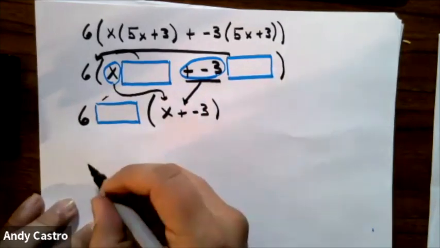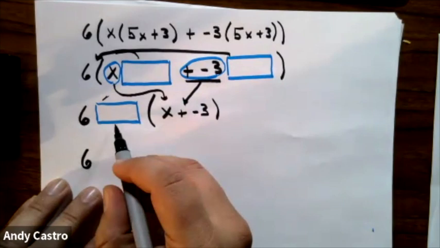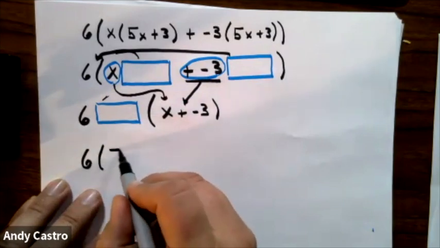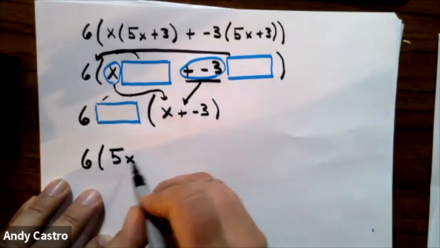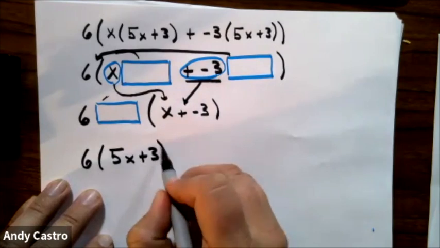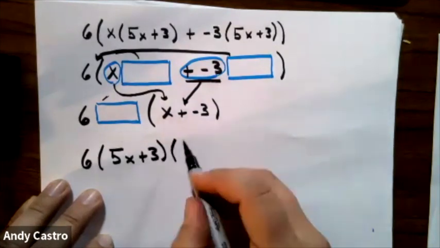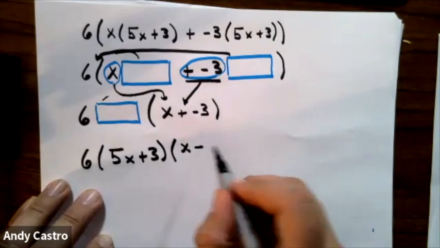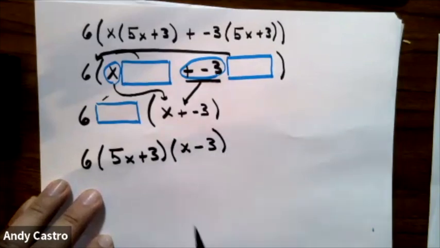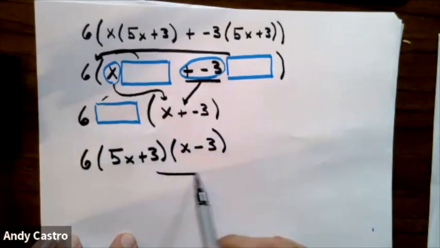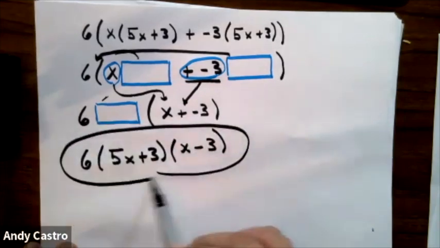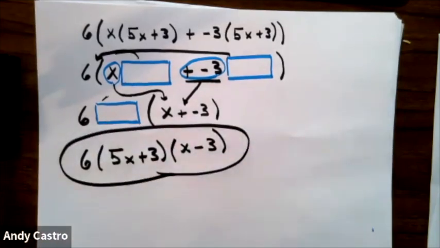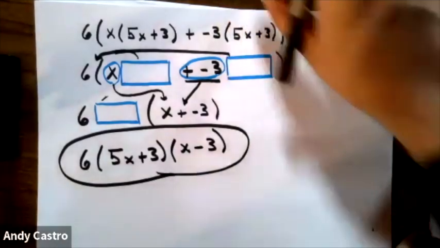So now we know my box is 5x plus 3. And this right here, x plus negative 3, we can just make x minus 3. And that's the final answer. All right.